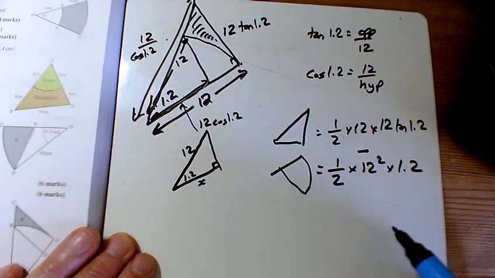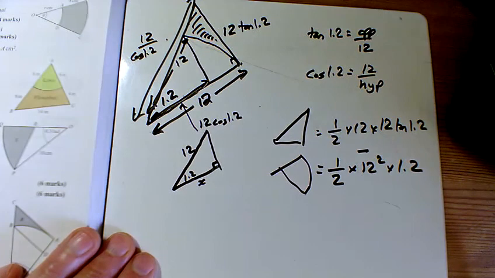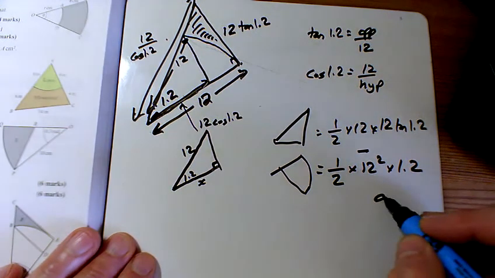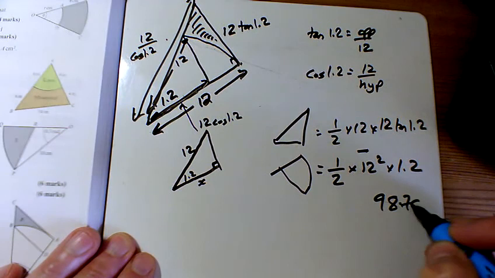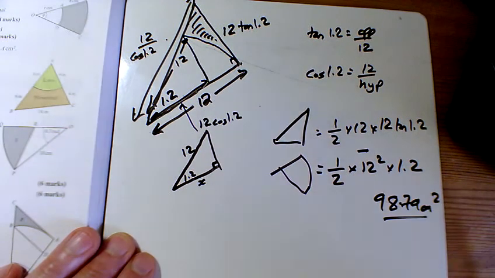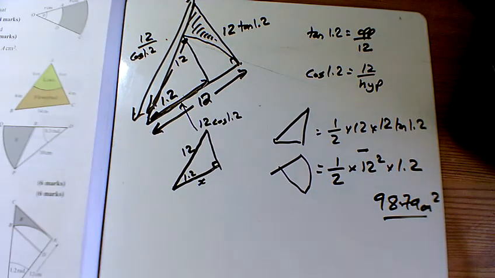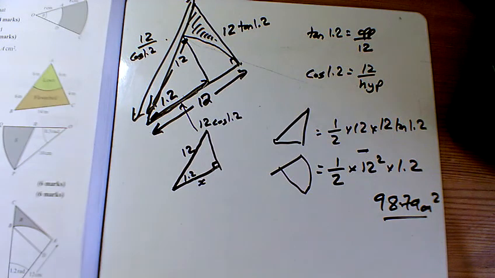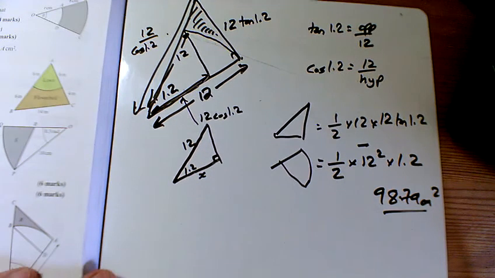If you take those away from each other, that gives you 98.79. I'll just check that. Yes, 98.7949. So that one's okay.